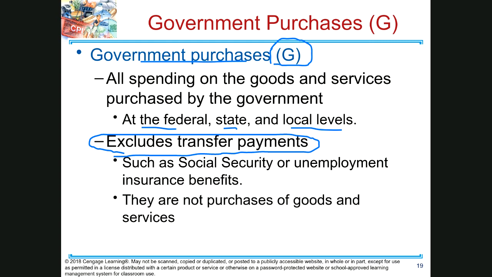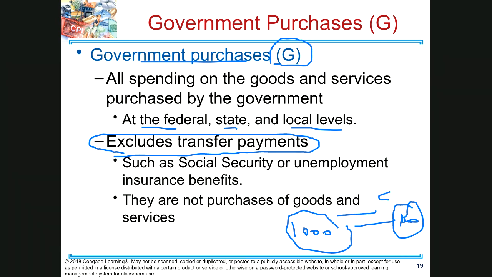Let's say the government gives me $1,000. Government spent $1,000, so it should be part of its expenditure, right? But then I get this $1,000 and go spend it as a household, as part of the C, buying goods and services. If that goes to C and it goes to G, then it would be double counted.